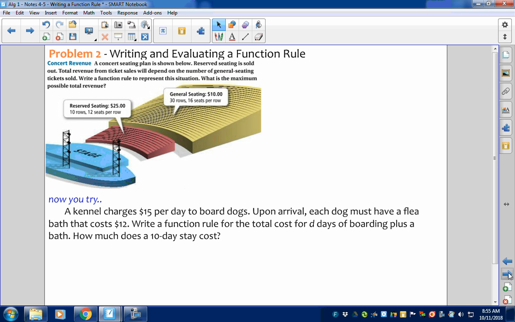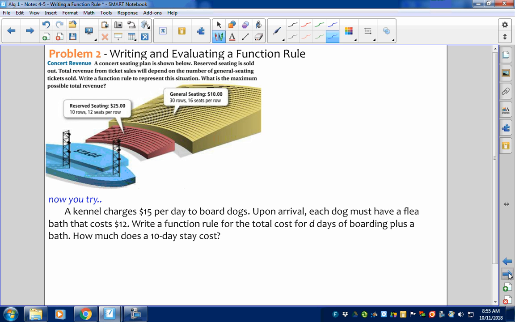All right. So here we have, in particular will depend on the number of general seating tickets sold. Write a function rule to represent the situation. What is the maximum? Okay, reserved seating is sold out. So reserved seating is already sold out. And total revenue from ticket sales will depend on the number of general seating tickets sold.